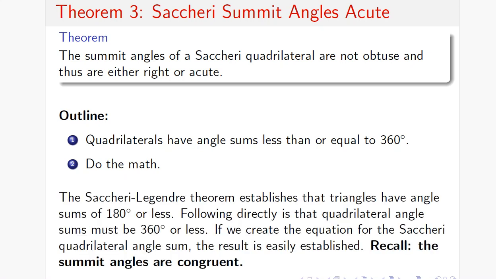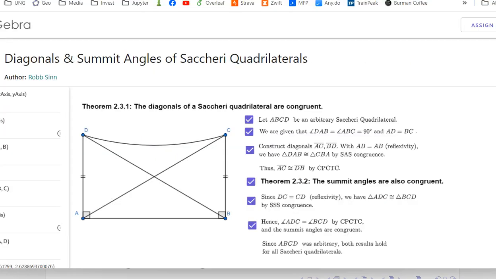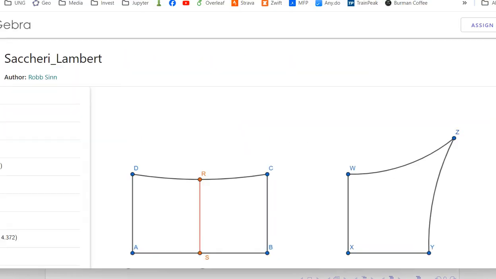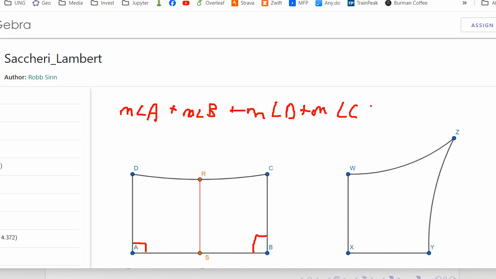If we take a look at the situation we find ourselves in, if I have a right angle and I have a right angle, then I know that the measure of angle A plus the measure of angle B plus the measure of angle D and the measure of angle C has to be less than or equal to 360.